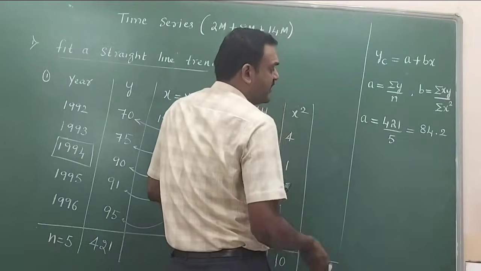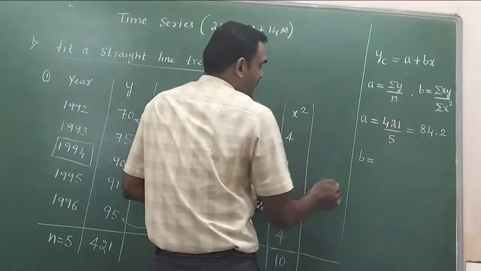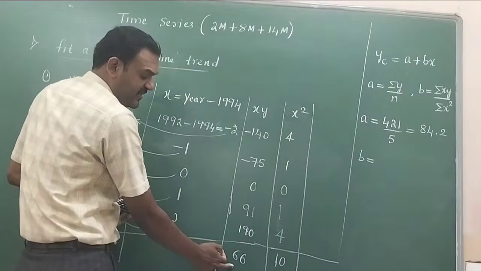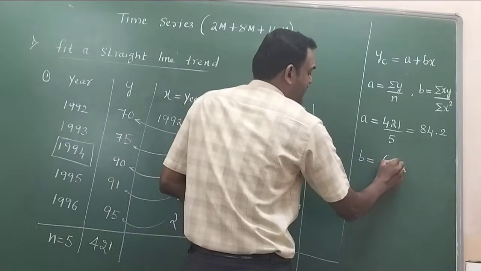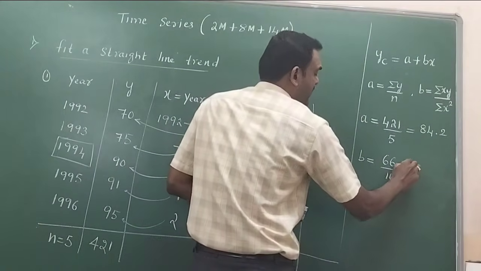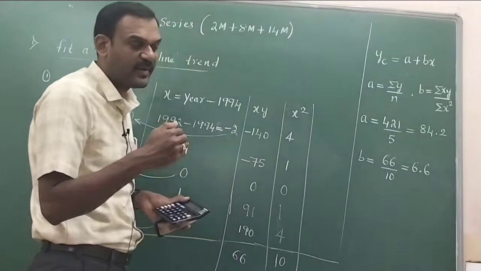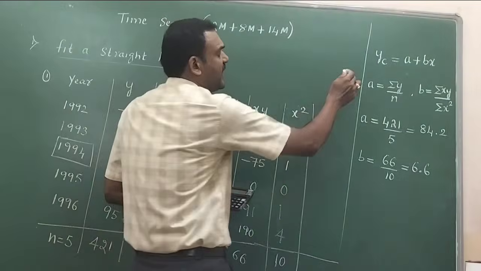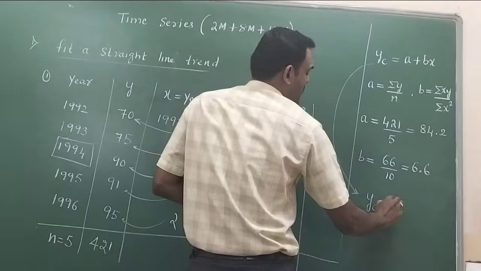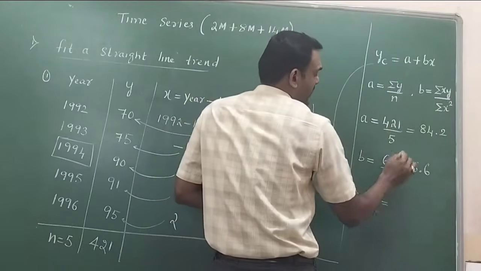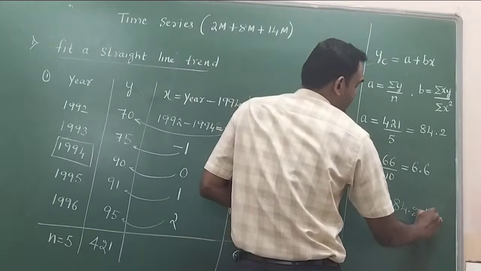Now next is b. b is equal to summation of xy. Summation of xy is 66 total. x square is how much? 10. Therefore 66 by 10 is 6.6. Look at the decimals here, two numbers after the point. Finally, substitute in this: yc equals a, which is 84.2, plus b, which is 6.6 into x.